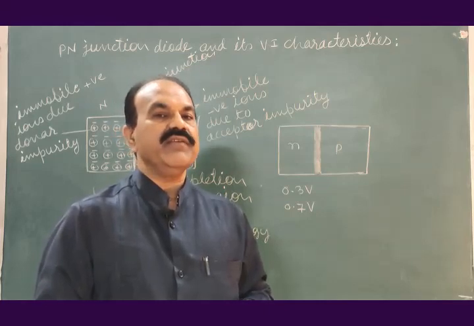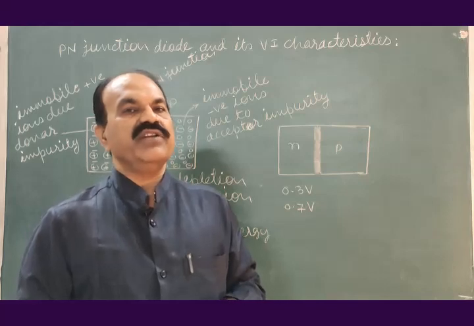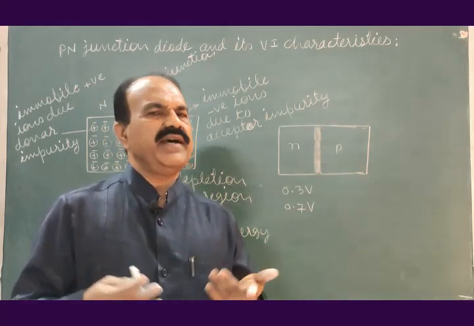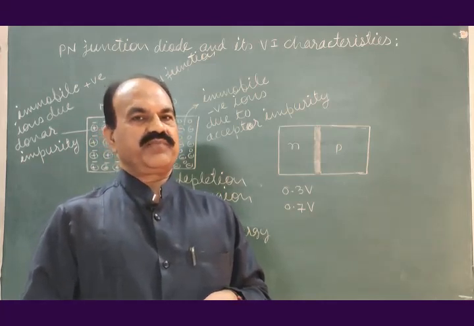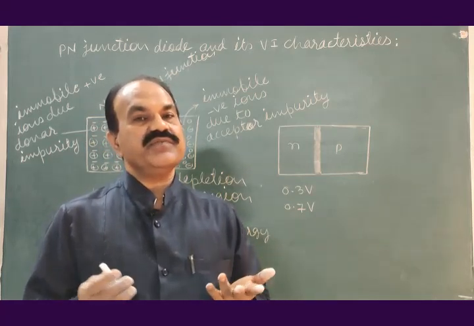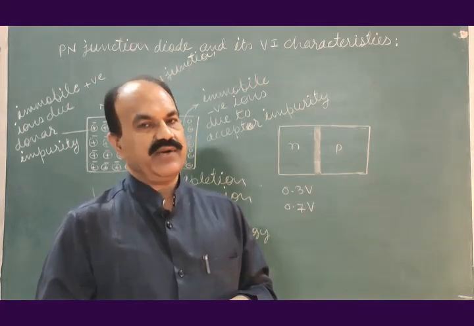One method is known as forward bias of the diode and the other is reverse bias of the diode. Let us see what forward bias and reverse bias of a diode are.